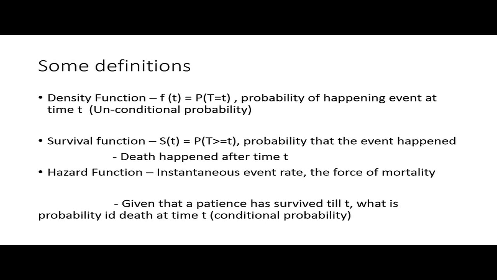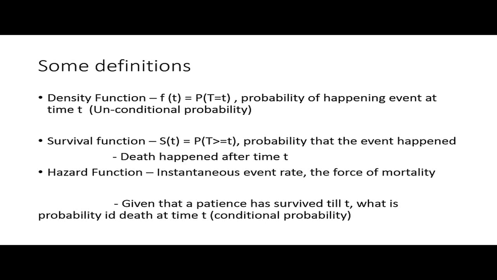The third thing is the hazard function. It's the instantaneous event rate, otherwise known as the force of mortality. We define it as, given that a patient has survived till time t, what is the probability that it's going to die at time t? Or it's the conditional probability. Using the same example, we can define the hazard function.